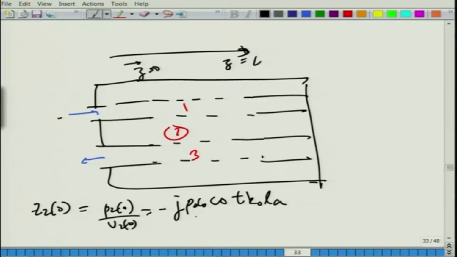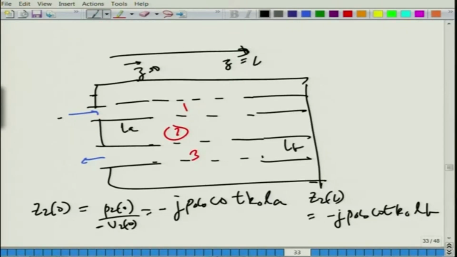This is the rigid wall boundary condition here, and similarly Z2 at L will be P2 at L divided by U2 at L is equal to minus j rho naught c naught cot(k naught L B). So, this is L B, this is L A, and actually there should be a minus sign.